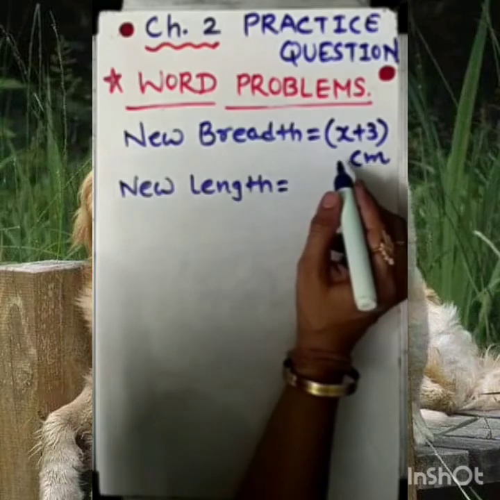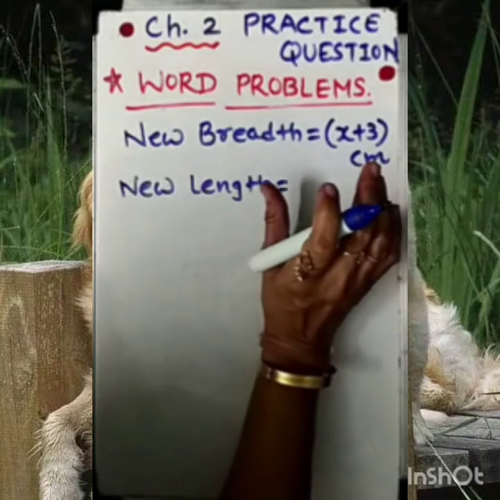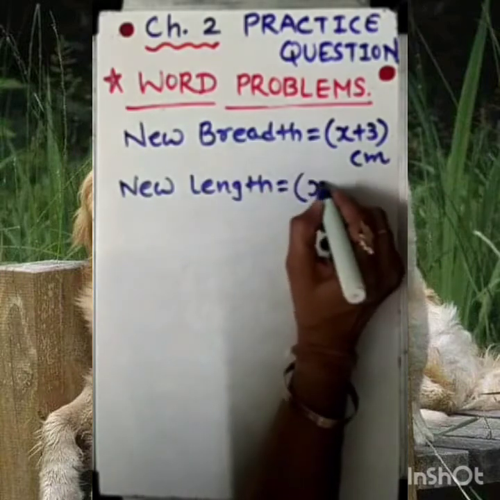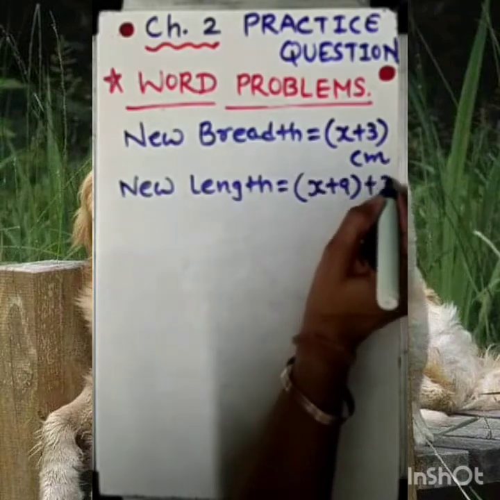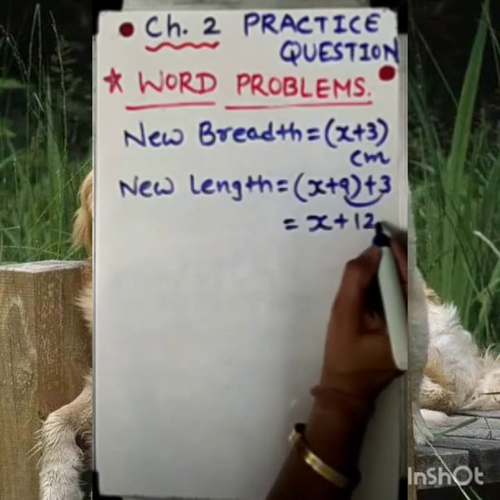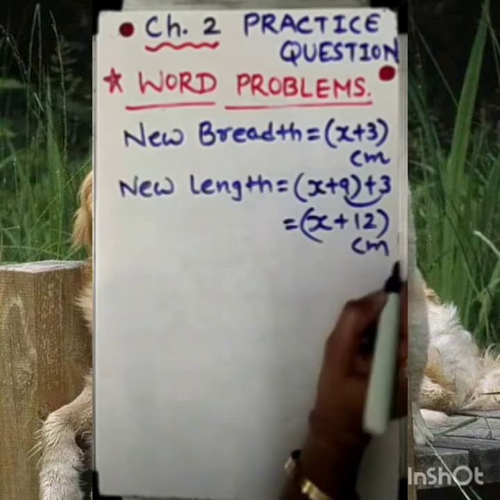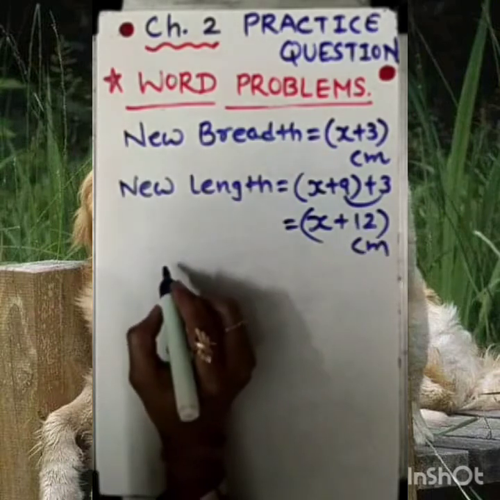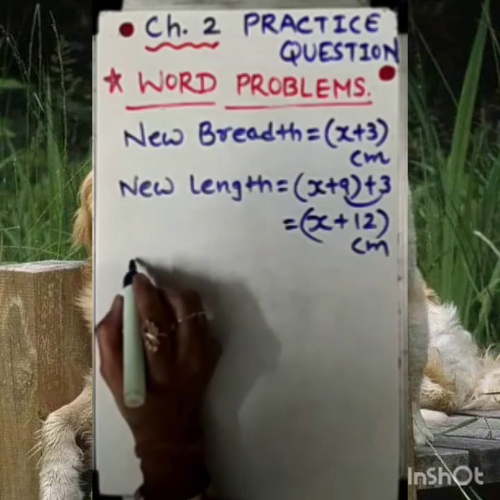The original is x plus 9, and here also there is a 3 centimeter increase. We know 9 plus 3 is 12. So this is x plus 12 centimeter. Got it?